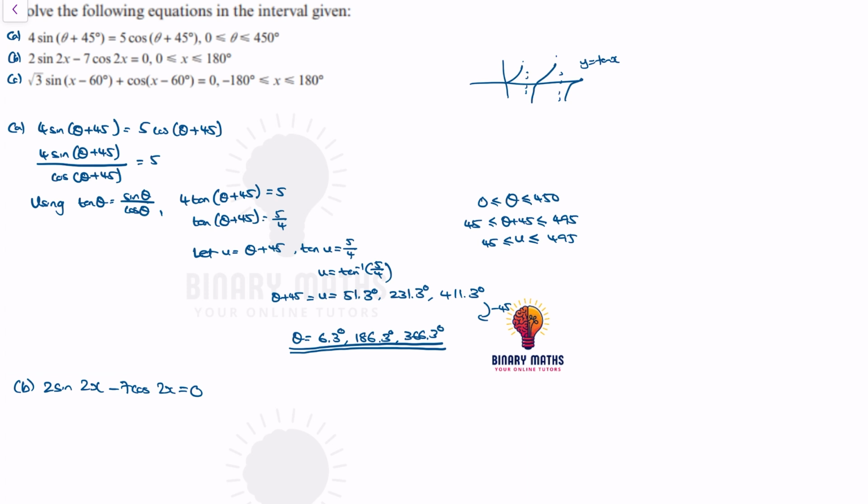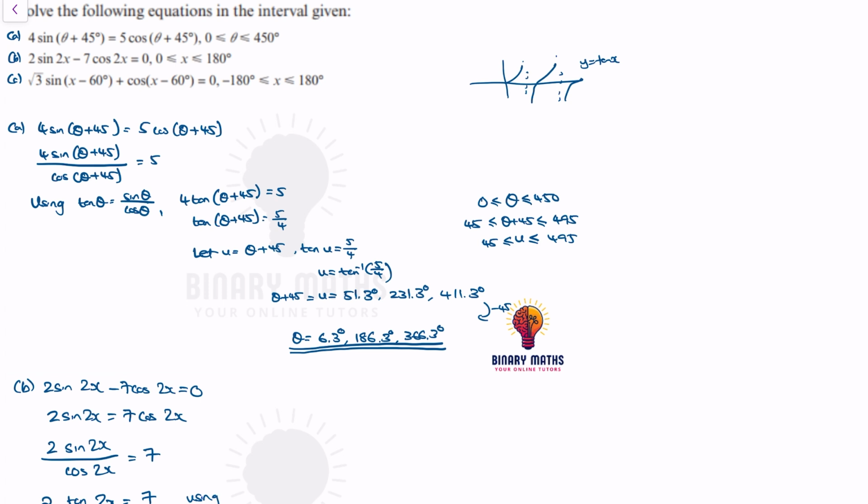Okay, so I know it's sine 2x and cos 2x. So I need to eliminate to make it tan. So I've got 2 sine 2x is equal to 7 cos 2x. If I divide by cos 2x, I get 2 sine 2x over cos 2x is equal to 7, which means 2 tan 2x is equal to 7.